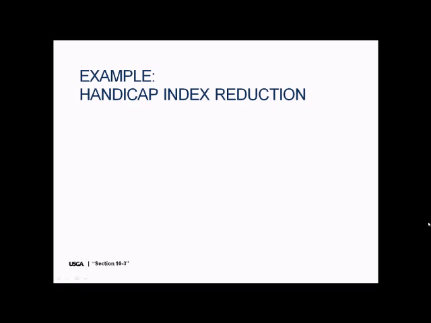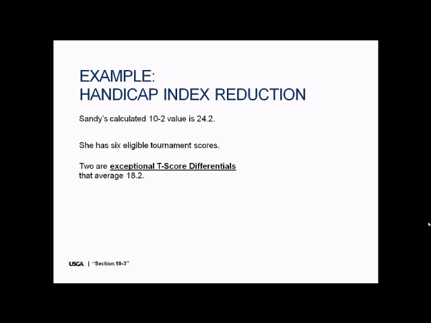So let's take a look at an example. We have a golfer at our club, let's call her Sandy, and her handicap index, after looking at the 10 best differentials of her last 20 scores, turns out to be 24.2. She has 6 eligible tournament scores in her history. 2 are exceptional tournament scores, and those 2 exceptional T-score differentials average 18.2.